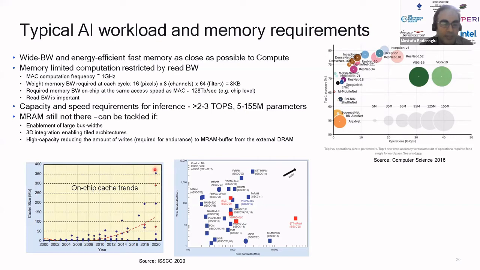So it's a relatively small size compared to this target. To fit this parameter, every parameter is a byte minimum, like an 8-bit weight. So this is the size of the memory that you might need in the application.